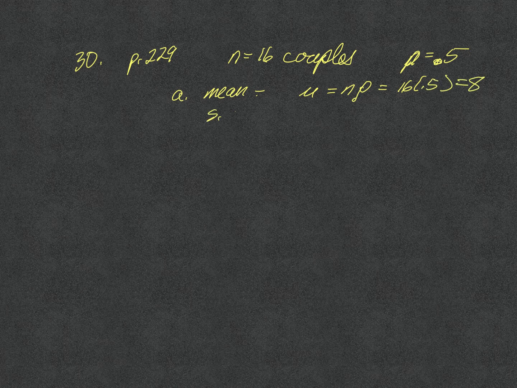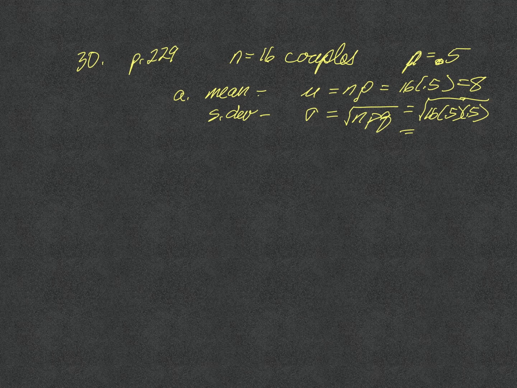And the standard deviation, sigma, is equal to the square root of npq, which is equal to the square root of 16 times 0.5 times 0.5, which is the square root of 4, which is 2.